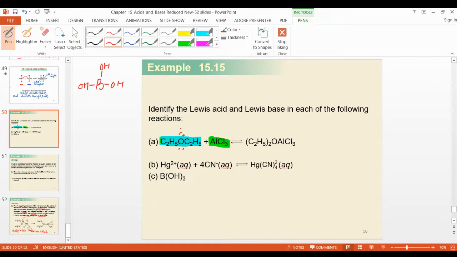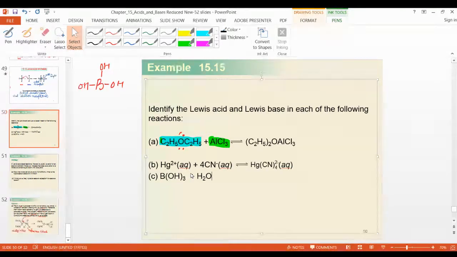Octet is not complete. All right. Now plus water, H2O, right? Now this water, you know, has 2 lone pairs of electrons. You remember its Lewis structure.